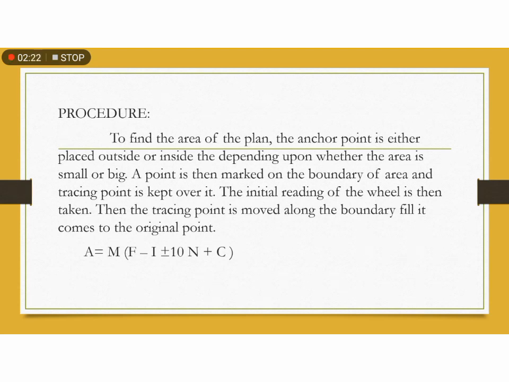So the initial reading of the wheel is then taken. Then the tracing point is moved along the boundary till it comes to the original point. So A equals M times (F minus I) over 10 N plus C.